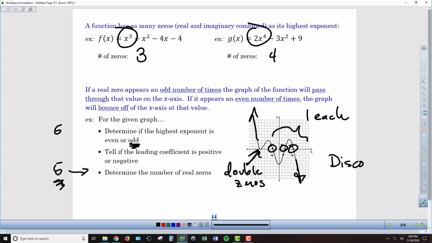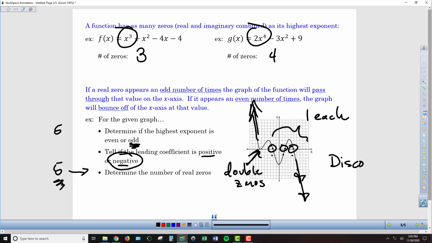And then finally, to determine if the leading coefficient is positive or negative, we need to judge based on which side is up and which side is down. So we established that the highest exponent is odd because of the disco shape, but now because it's going down on the right-hand side and up on the left from our previous work, that tells us that we have a negative leading coefficient.